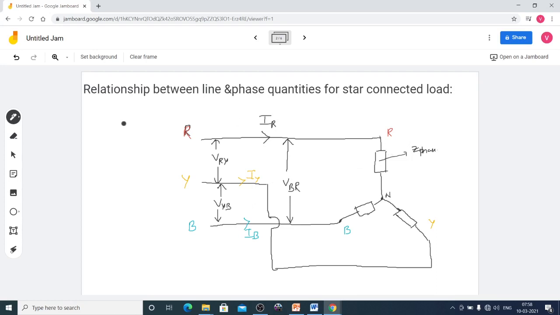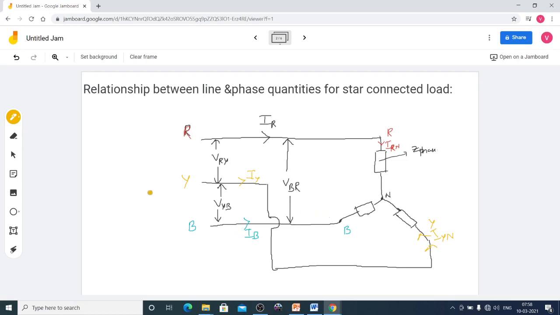On the load side also, we can identify the line and phase quantities. The current flowing through the R phase is IRN. The current flowing through the Y phase is IYN.